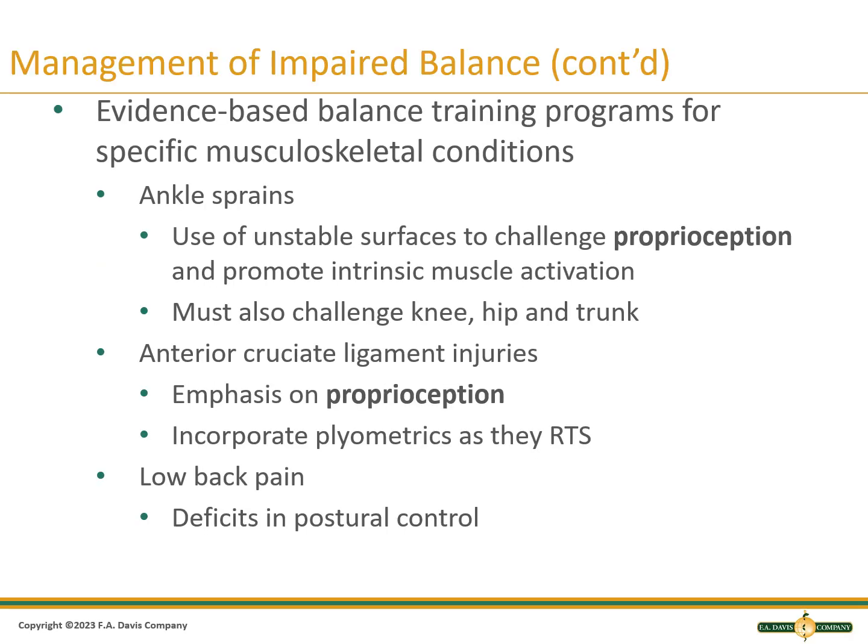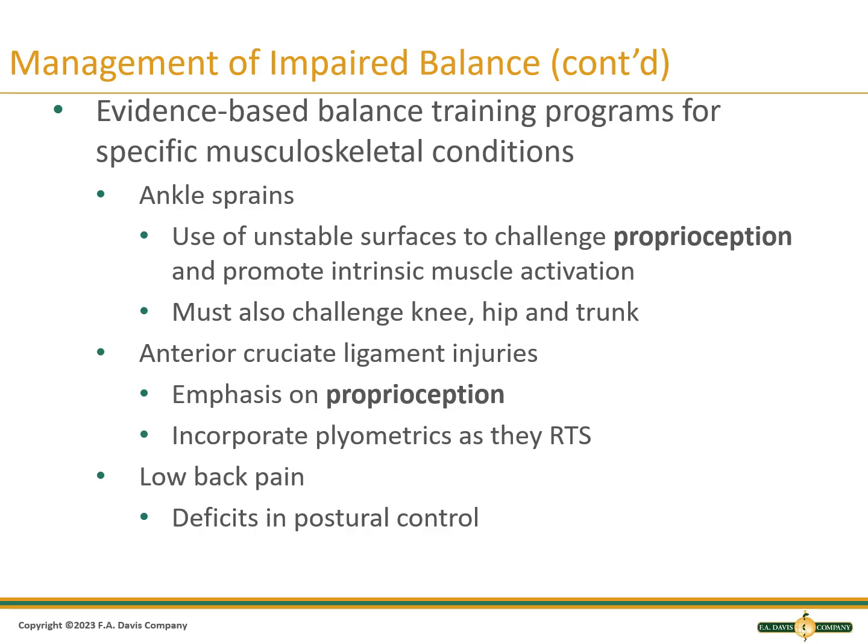We can also experience balance deficits as a part of recovering from orthopedic conditions. And so there's evidence-based balance training programs for specific musculoskeletal conditions, with ankle sprains being one of the most commonly associated with subsequent balance deficits. And to treat balance deficits found in this, we want to use unstable surfaces to challenge proprioception and promote intrinsic muscle activation.